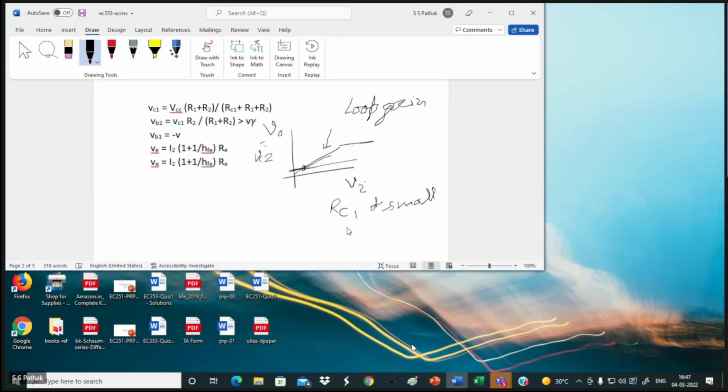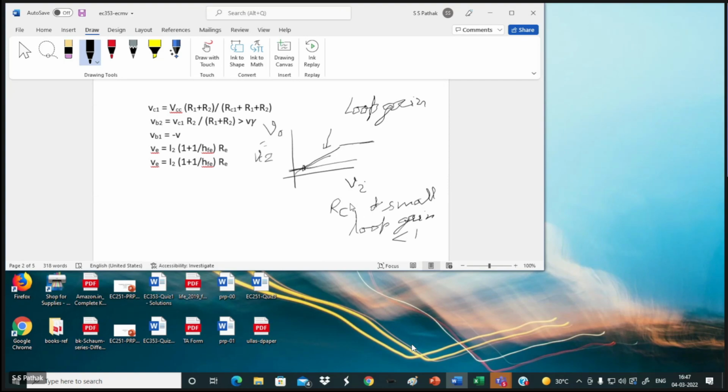So you can say loop gain is smaller than 1. First gain itself is very small, so second gain, even if I do that, it will be smaller. So it will be a gain, but gain will come like that because gain is less than 1. So that's the characteristic of V naught.